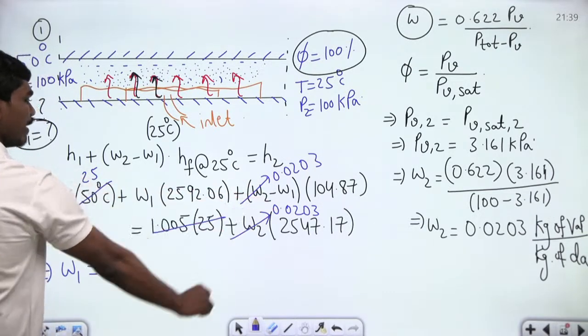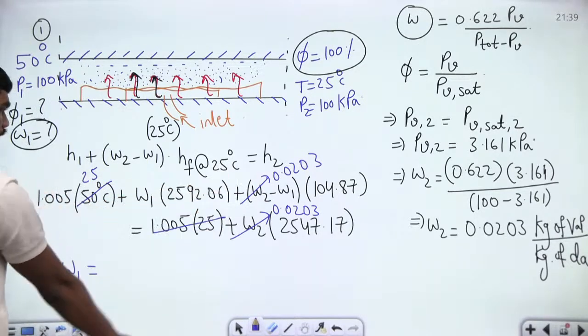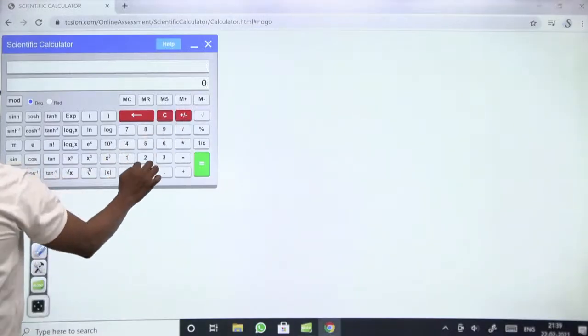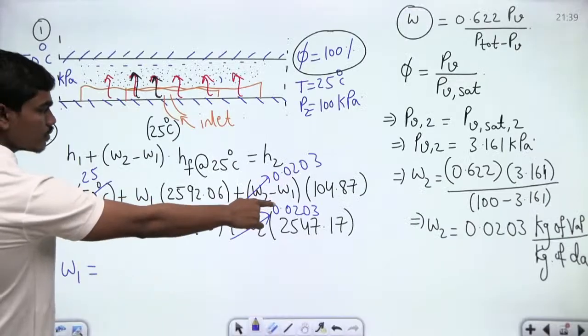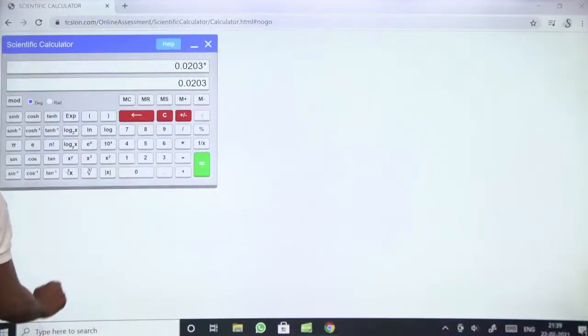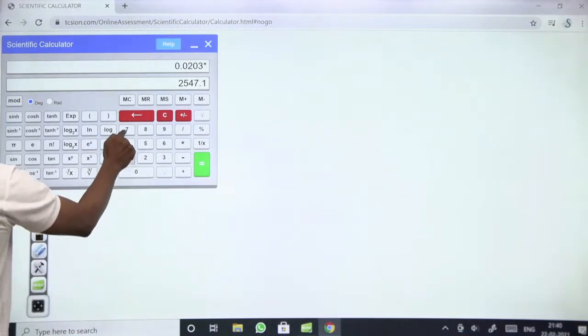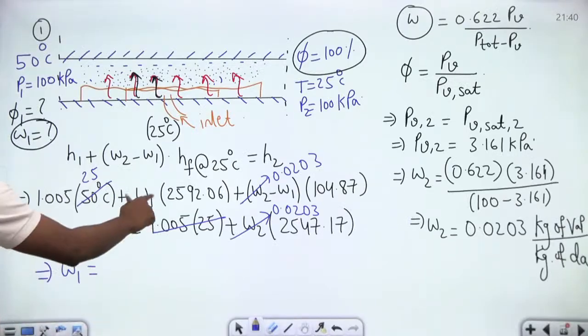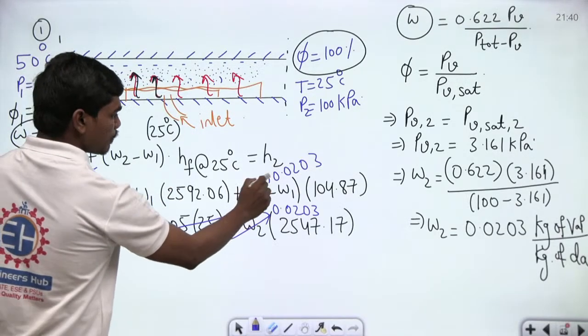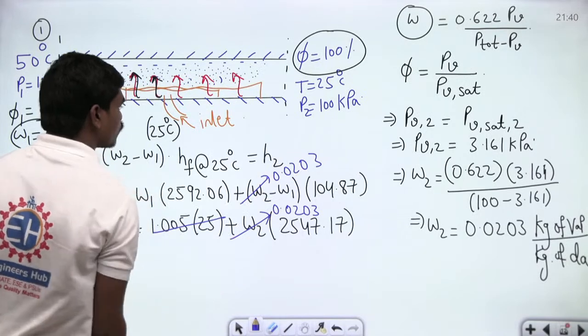on the right hand side we have the value 0.0203 into 2547.17. This is the value, 51.707. Next, we can subtract 0.0203 into 104.87.